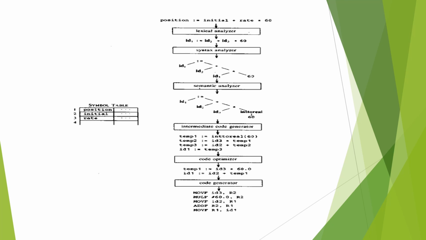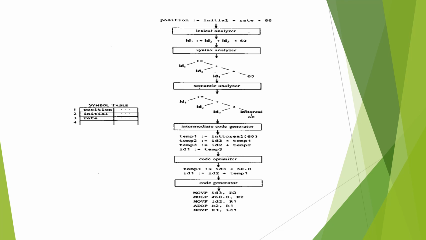So commonly it takes temporary variable 1 is equal to id3 star, and instead of temp1 it takes 60.0, because it converts into real. Then id1 is equal to temp3. And what is temp3? id2 plus temp1. So it converts the code. We have many lines, so the code optimizer shortens the code.